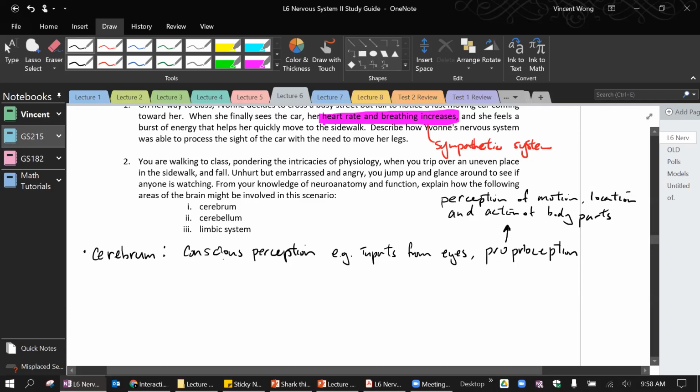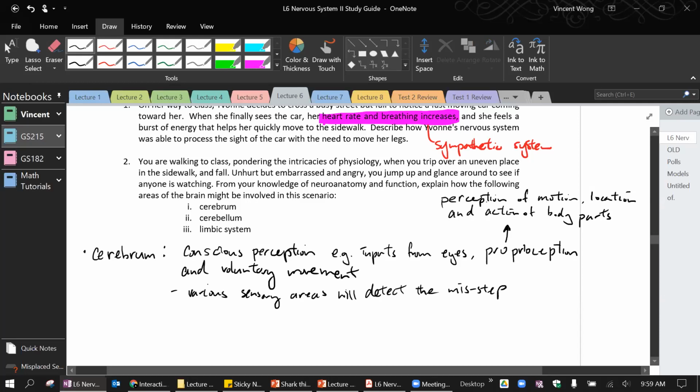Okay, and voluntary movement, right? We know voluntary movement. So as you're walking, your cerebrum should be monitoring all these things. So various sensory areas will detect the misstep.